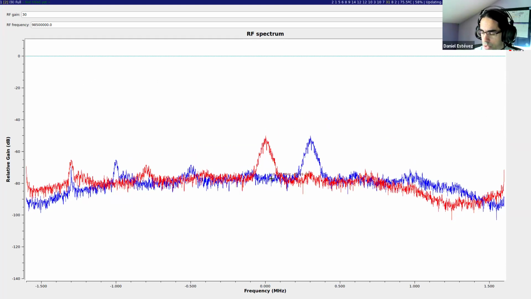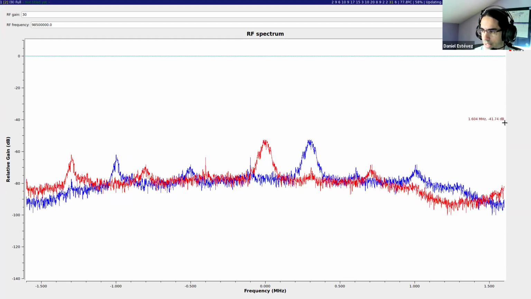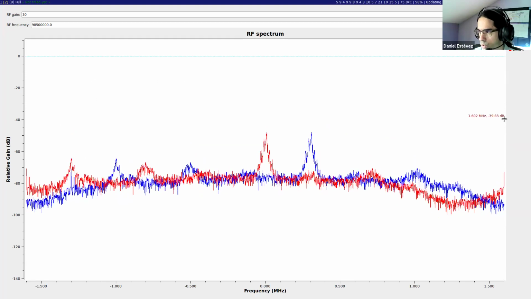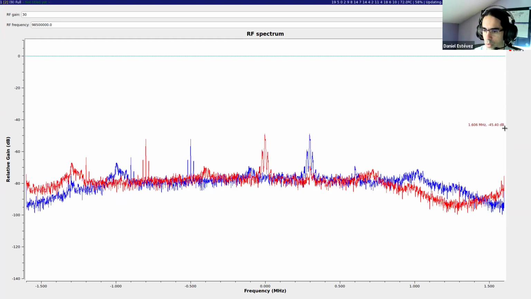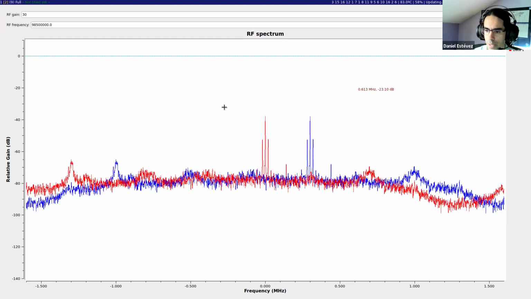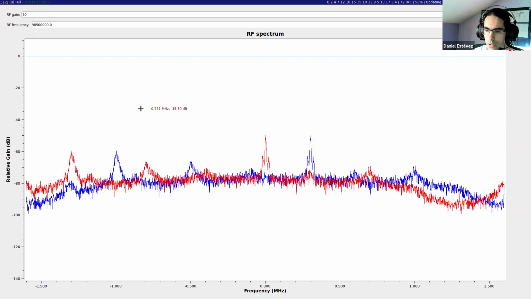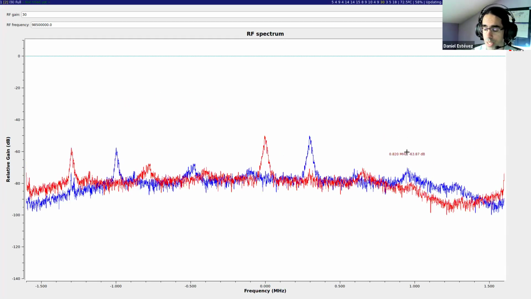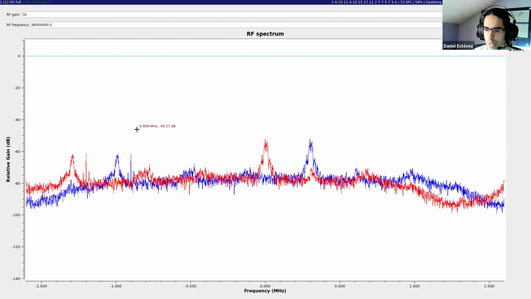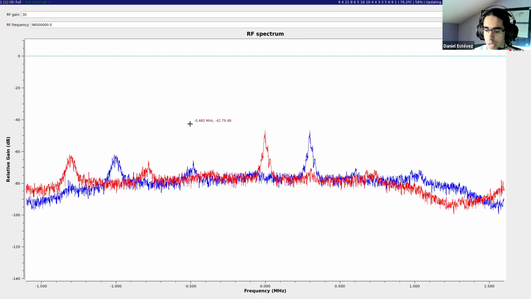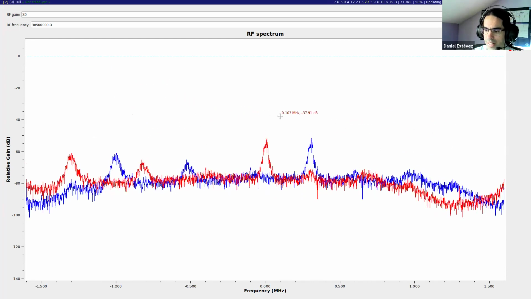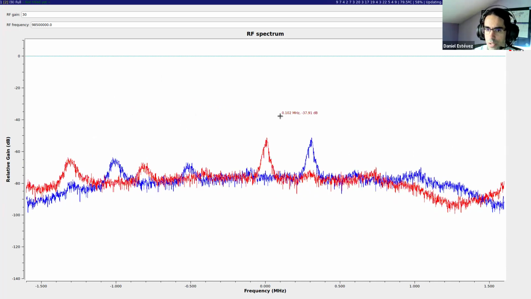So rather than going from 0 to sampling frequency divided by 2, it goes from minus sampling frequency divided by 2 to plus sampling frequency divided by 2, for a total bandwidth of sampling frequency. And the reason for that is because we have negative frequencies and positive frequencies, and those are distinct. Whereas in the real case, with real signals, the negative frequencies and the positive frequencies are not really distinct. They are mirror images of one another.